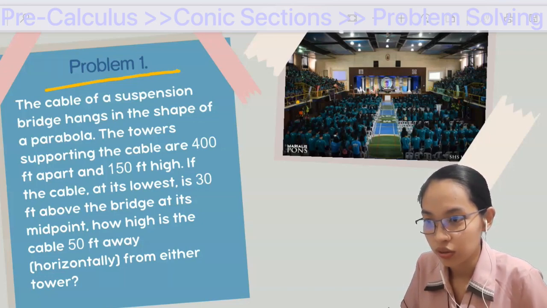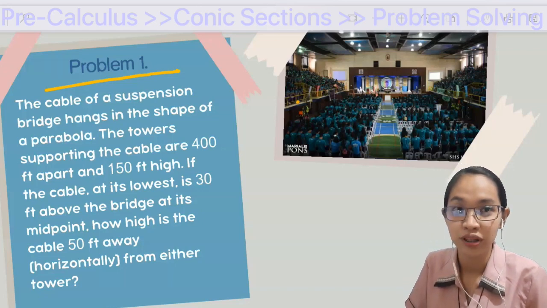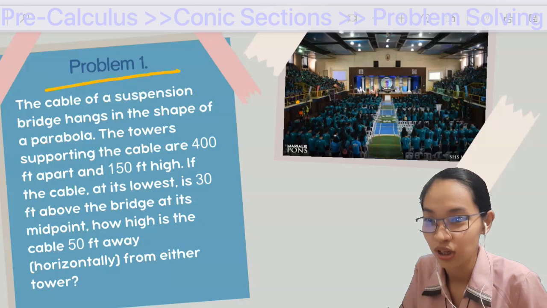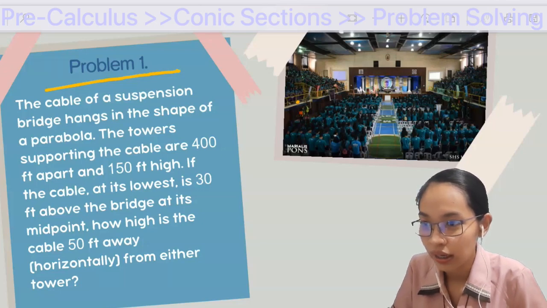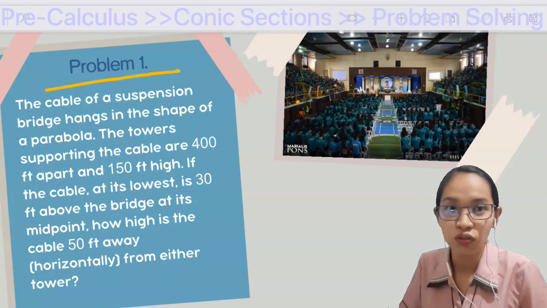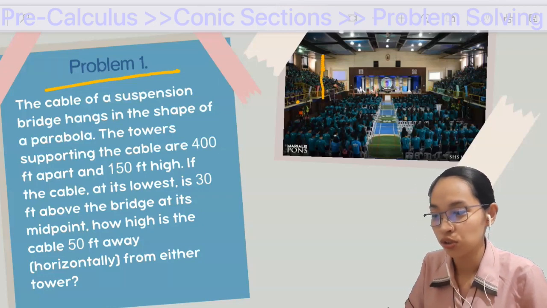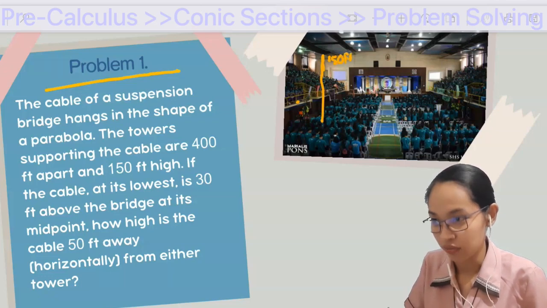And then we try to construct a suspension bridge just like in, for example, San Francisco. So we try to connect these two benches in a suspension bridge. The parts of a suspension bridge are, first the tower and of course the cable. For example, the towers of the supporting cable are 400 feet apart and 100 feet high.